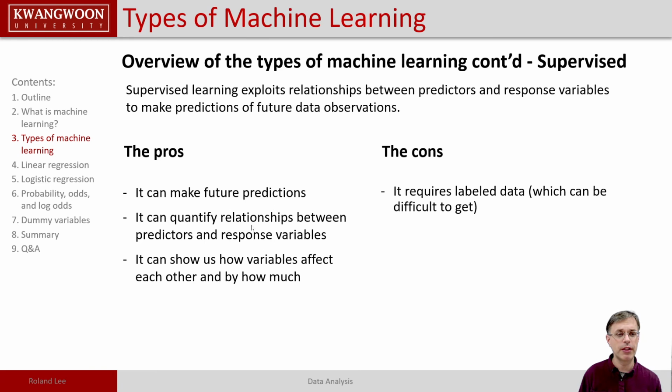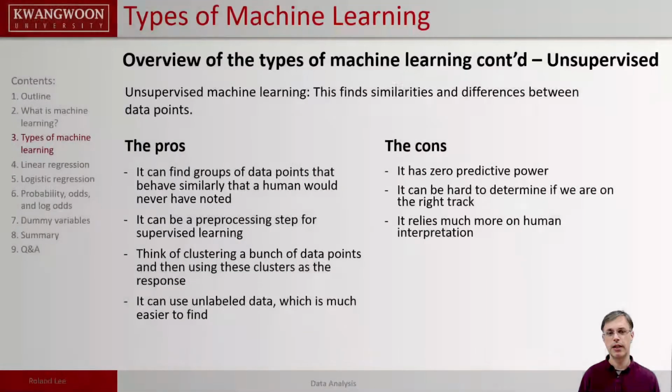It can quantify relationships between predictors and response variables. It can show us how variables affect each other and by how much. And the con itself is it requires labeled data, so data from the past, which might be very difficult to get. So historical data is required.